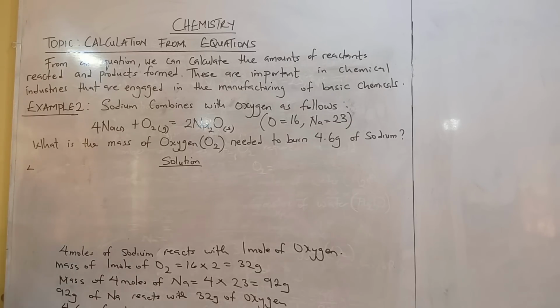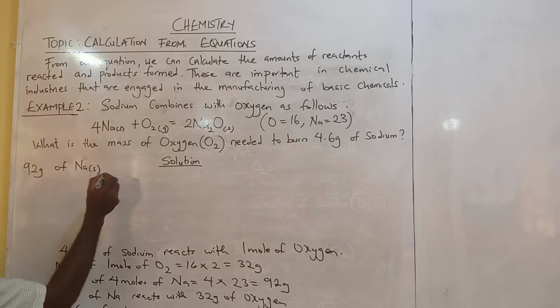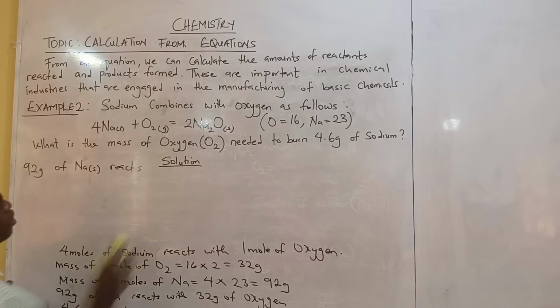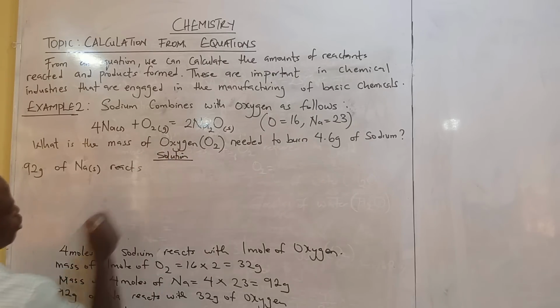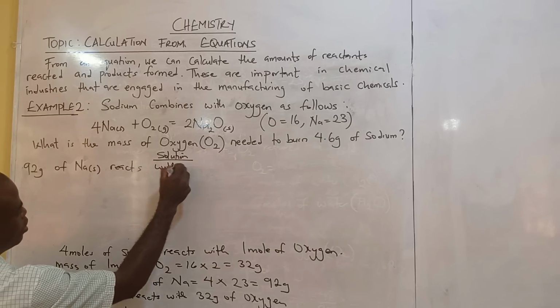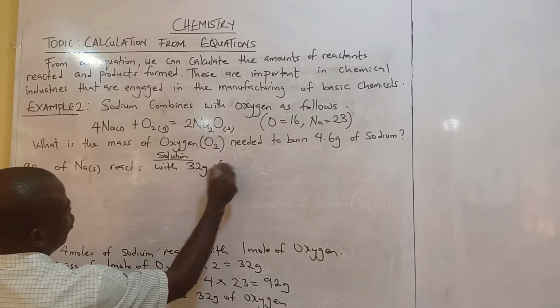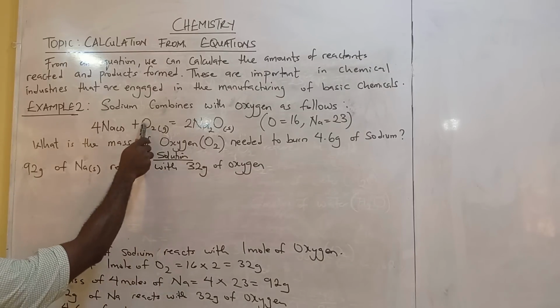That's 92 gram of sodium. 92 gram of sodium reacts with 32 gram of oxygen. We got it by saying 16 times 2.